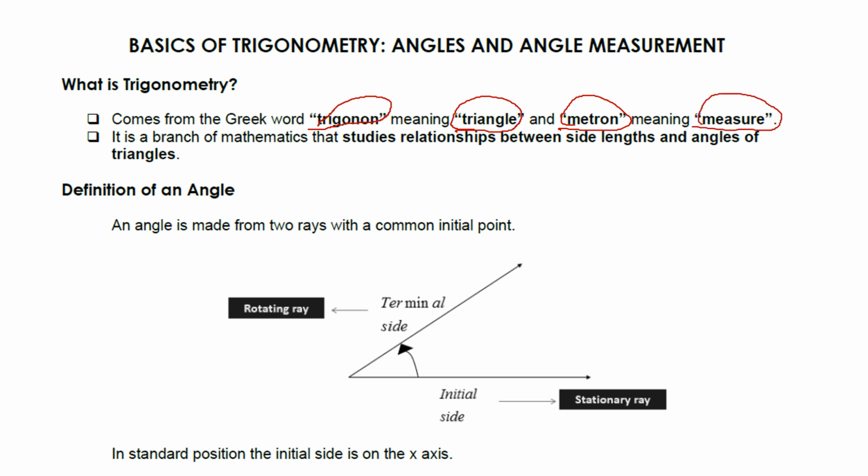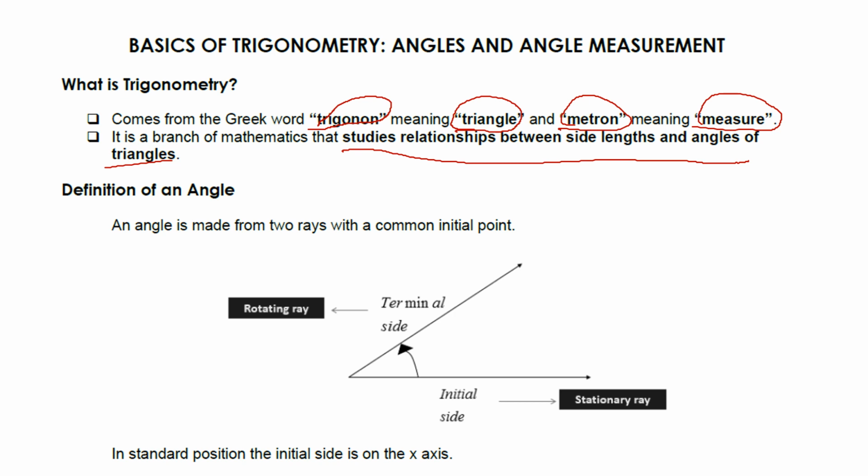The definition of trigonometry is a branch of mathematics that studies relationships between side lengths and angles of triangles. So trigonometry simply means measures of triangles.